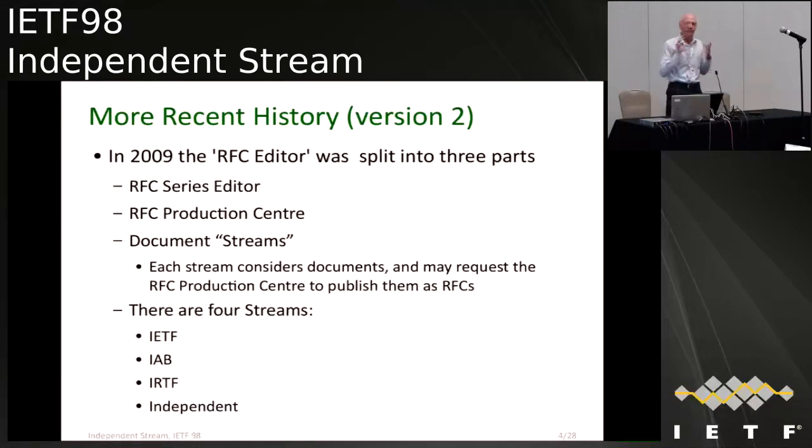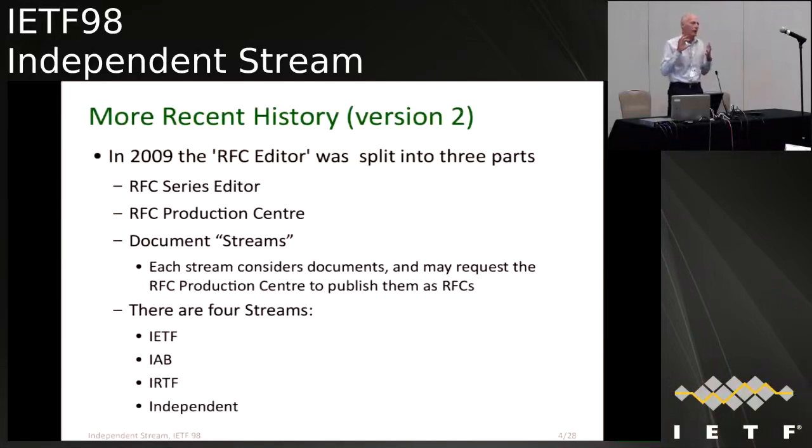So the IRTF work is divided into a set of different research groups, somewhat similar to IETF working groups. The one I'm most familiar with these days is the cryptography research group, which has a very active mailing list.